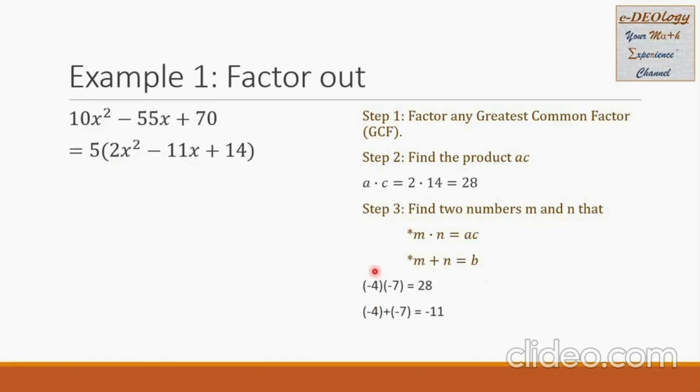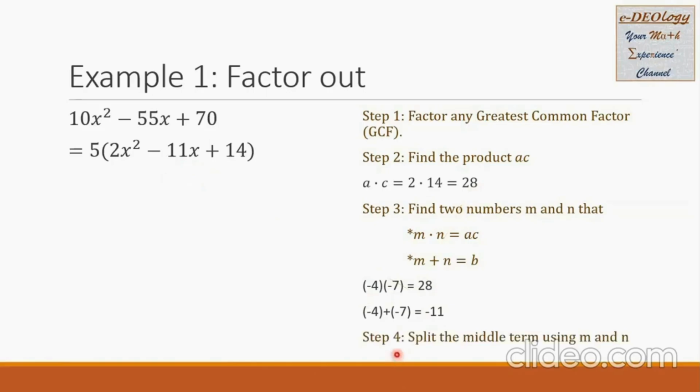After considering many pairs of factors, it was found that negative 4 and negative 7, if we multiply, will be equal to 28. Also, if we add negative 4 and negative 7, it is equal to negative 11. So the 28 here is the product AC, and the negative 11 is the b.